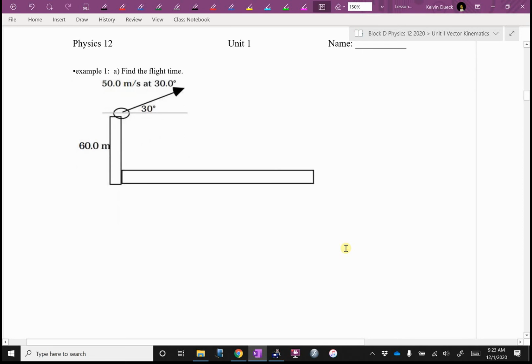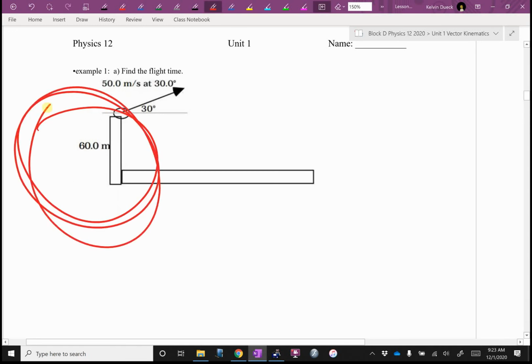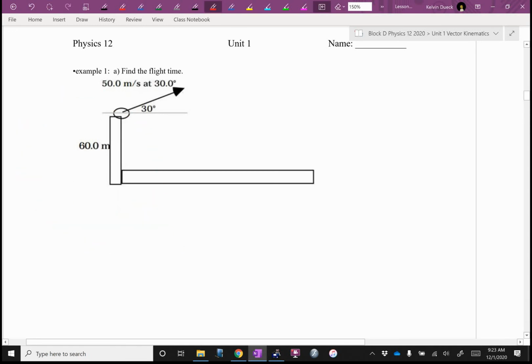Let's look at this. Aiden, is there a cliff? Is this a projectile at an angle? Did I say angle? Components. First thing I would probably do is just re-sketch this in a little bigger triangle.